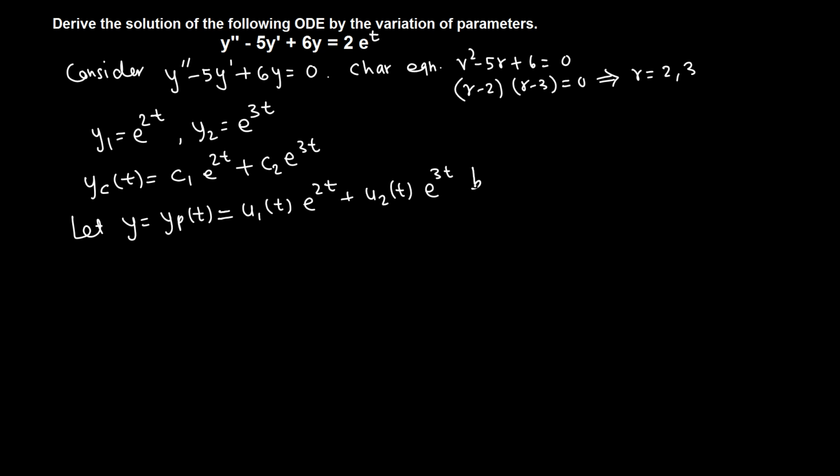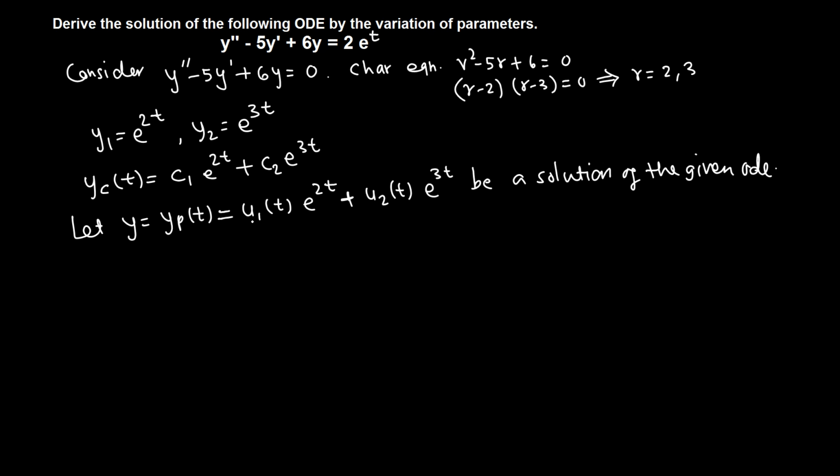Let this be a solution of the original ODE. Now we need to determine u1 and u2. As soon as we find u1 and u2, then yc plus yp will be the solution of the original.